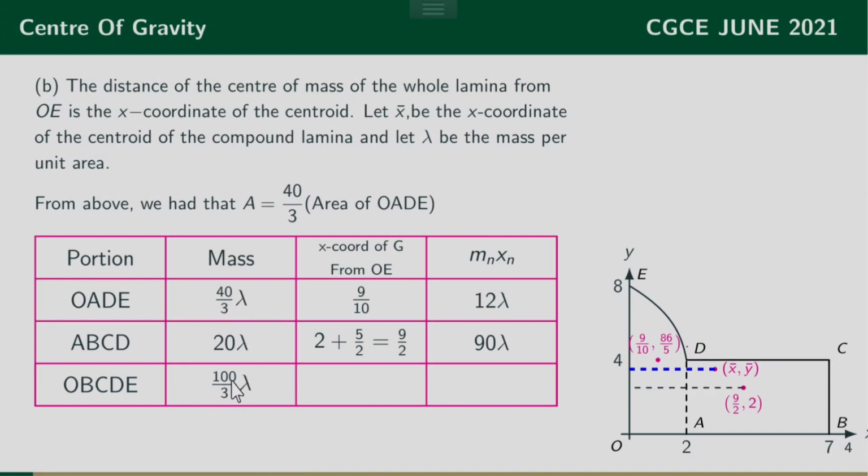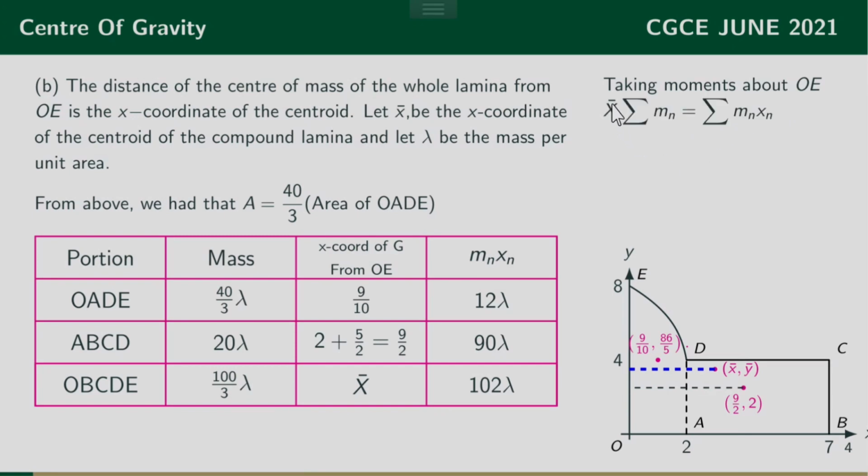That gives me 100 divided by 3 lambda. Now the x coordinate of the center of mass will be x bar. And now the sum of the moments of these individual portions will be 12 lambda. I add it to 90 lambda. That gives me 102 lambda. I have all what I need, so I can take moments now about OE.